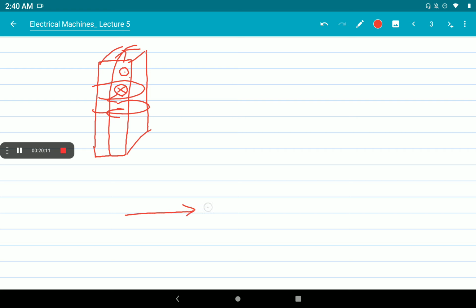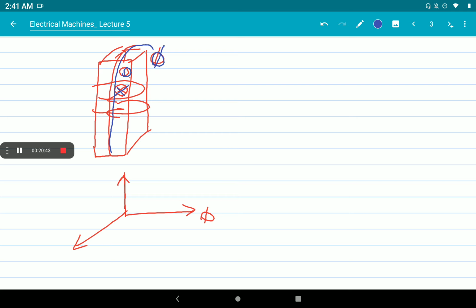That means flux, current and voltage are all in mutually perpendicular directions. So if the flux lines are in this direction, the current will be like this, into that core or outside that core.